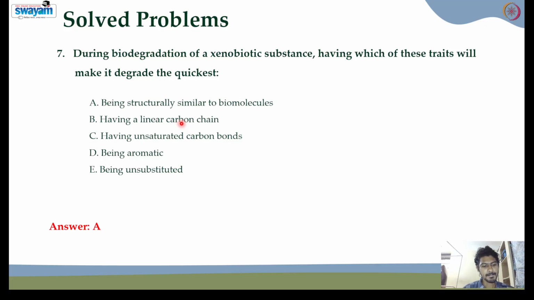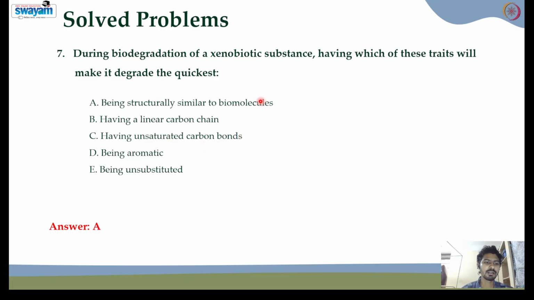The linear carbon chain can also contain some complex molecule with unusual functional groups. So in that case, the difficulty of degradation may be higher. That is why a linear carbon chain is difficult to degrade compared to being structurally similar to biomolecules. And unsaturated carbon bonds means they have double or triple bonds in their structure. What happens if they have double and triple bonds? It is obviously going to add stability to the molecule. Once it has higher stability, it is going to show some resistance to biodegradation.